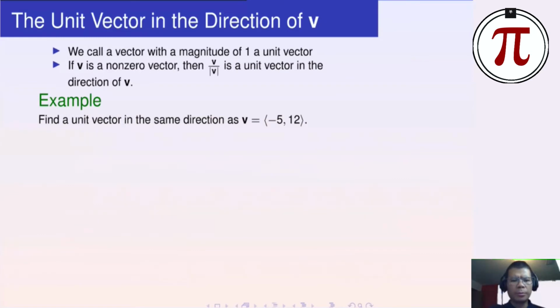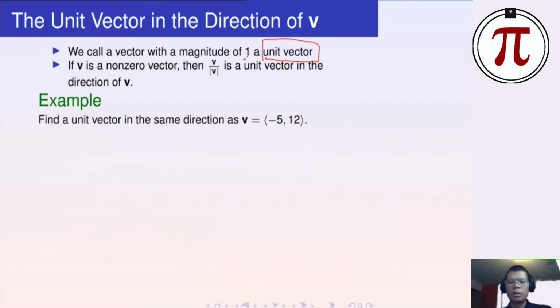The first topic is the unit vector in the direction of a given vector. We call a vector with a magnitude of 1 a unit vector. This is the definition of a unit vector.